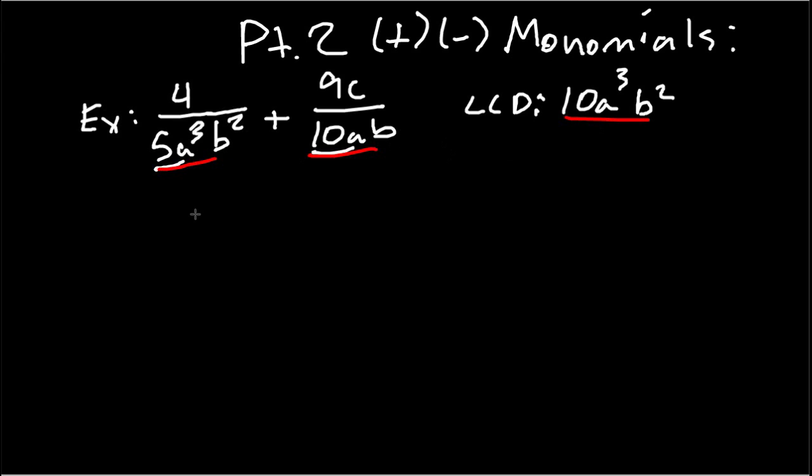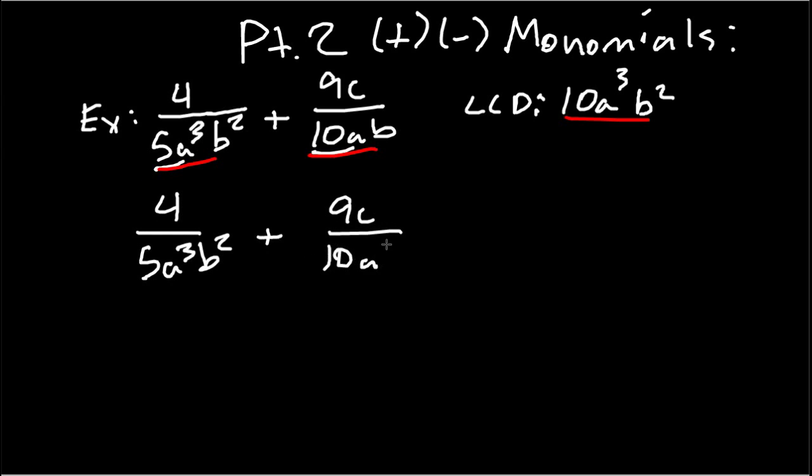Okay, so let's rewrite this. We've got 4 over 5a cubed b squared plus 9c over 10ab. What should we multiply this denominator by to get to 10a cubed b squared?